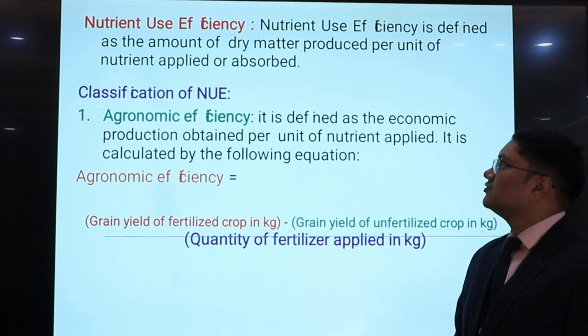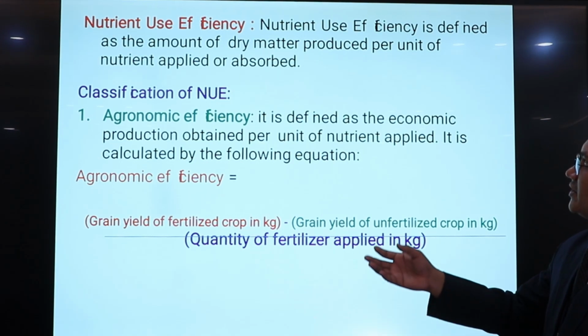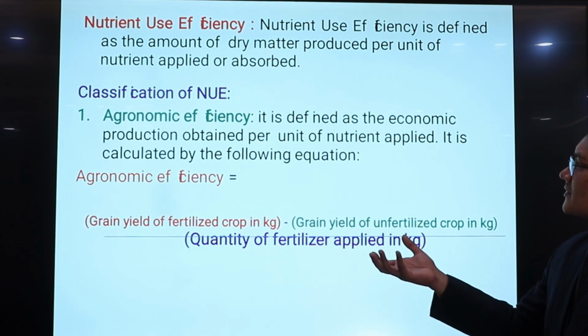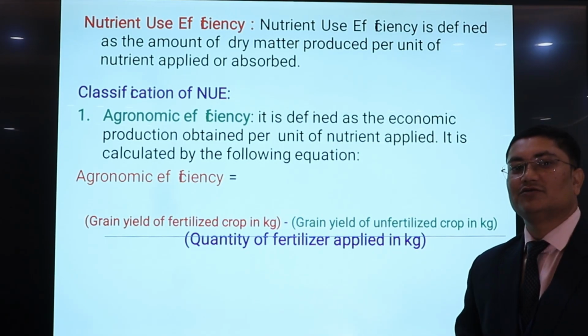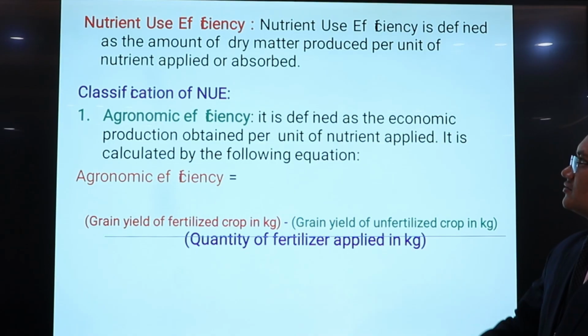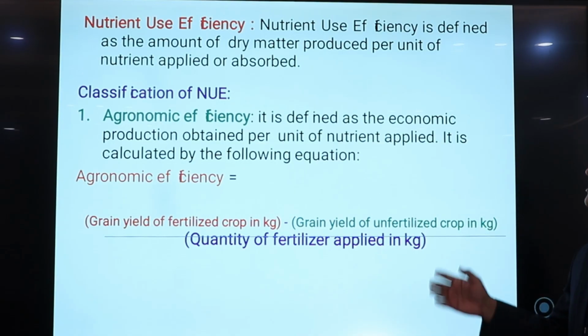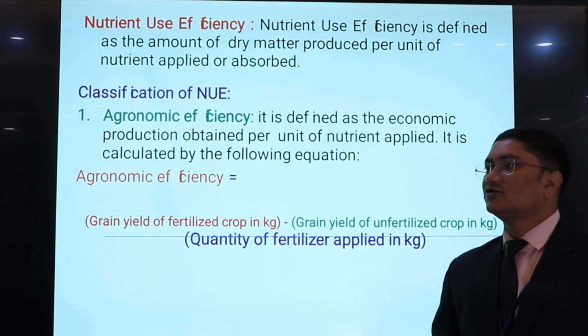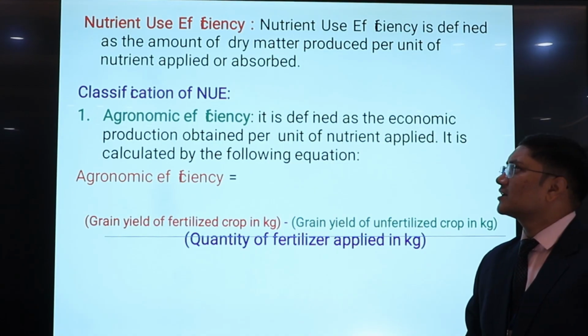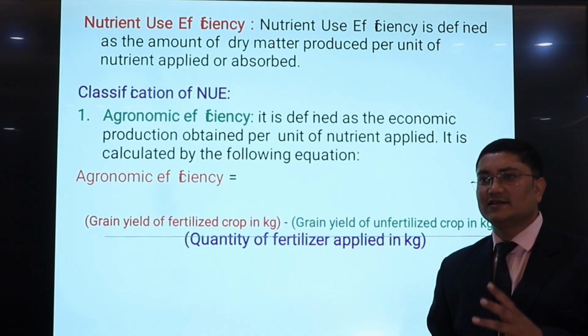By nutrient use efficiency, we can get the amount of quantity we have to apply to the soil. Nutrient use efficiency is defined as the amount of dry matter produced per unit nutrient applied in a soil. It is classified into three categories.